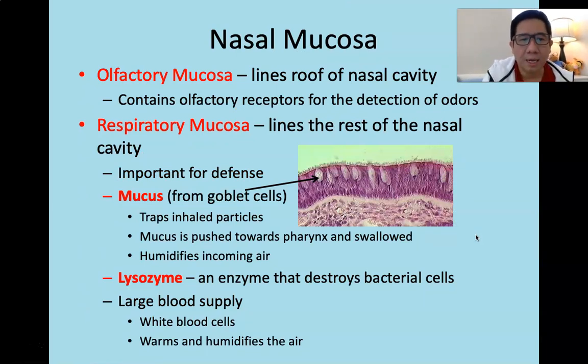Olfactory mucus, respiratory mucus. Okay, so these are the lining of your nasal cavity. Think of a coating around your nasal cavity. They put this coating there to actually help detect odor. It helps detect, like I mentioned, and mucus is a great thing to trap any type of bacteria or any type of bugs going into your nose.